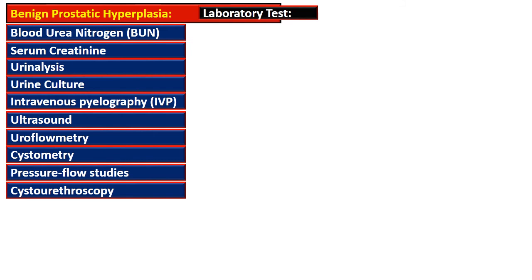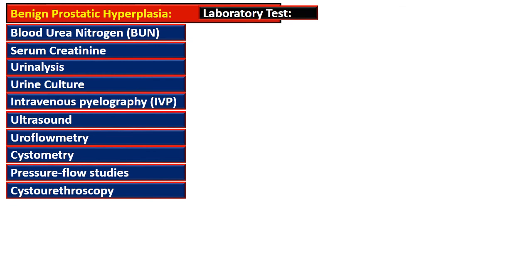The maximum urinary flow rate is recorded. If the peak flow rate is less than 10 ml per second, the patient is considered to have significant outflow obstruction. The patient must void at least 150 ml of urine for the measurement to be considered reliable.